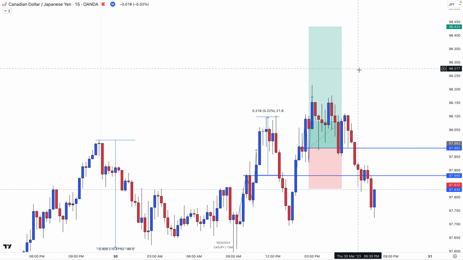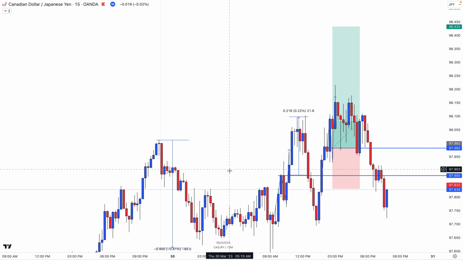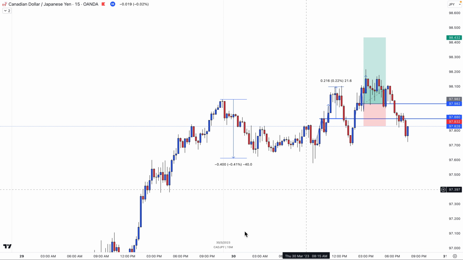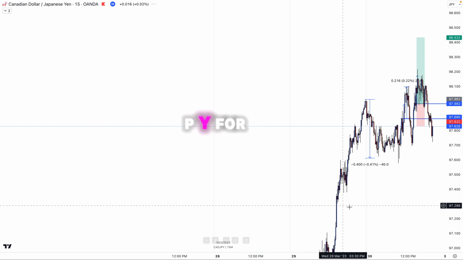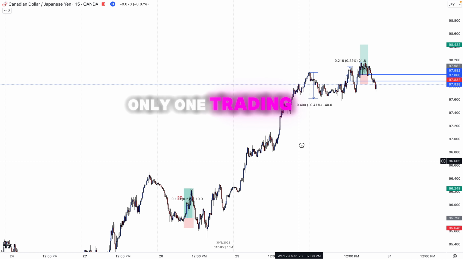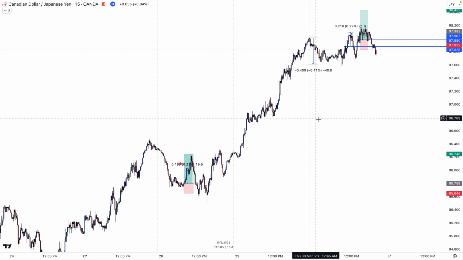And remember, this is the last day of this trading, and that really marks the last day of our trading. So from there you can see, on CADJPY for March 2023, you would have only one trading day.